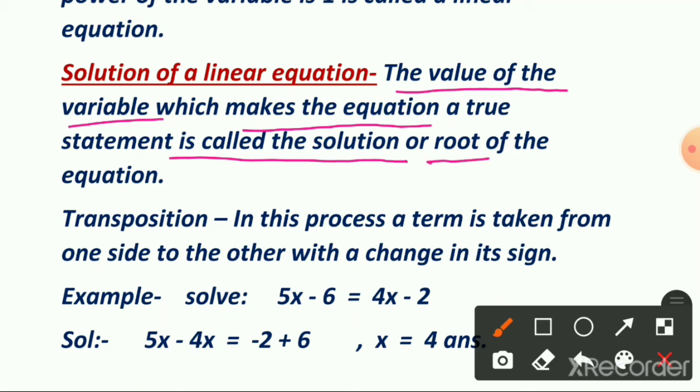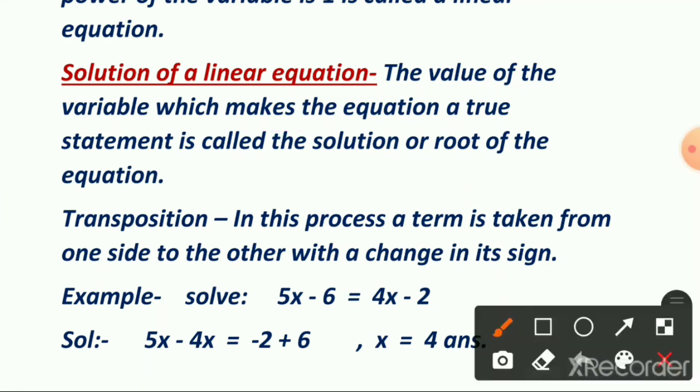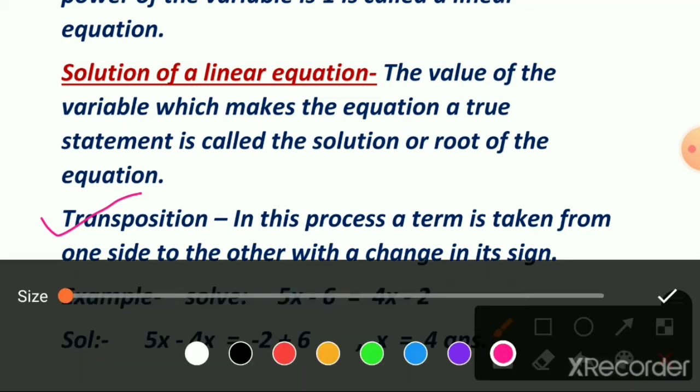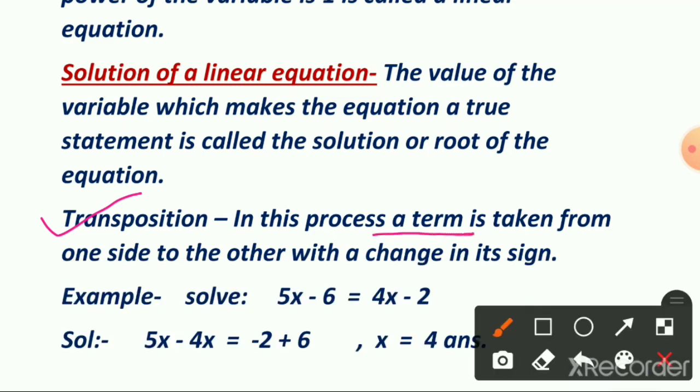Now there is another topic, that is transposition. It is a method which we use to solve equations. In this process you have to transpose the term, that is, transfer the term from one side to the other, and when you shift it to the other side, its sign will change. If you have plus, it becomes minus.